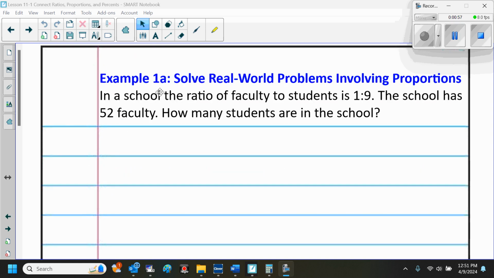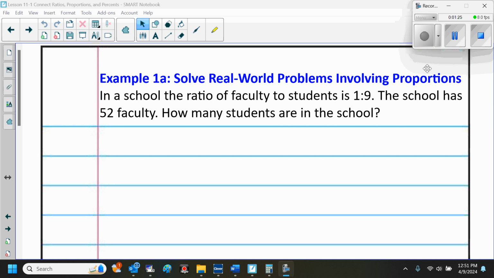So, for example 1a, we want to solve real-world problems involving proportions. It says, in a school, the ratio of faculty to students is 1 to 9. The school has 52 faculty, and we want to know how many students are in the school. Here we're not going to write an equation or a what number is question. We're going to use ratios.